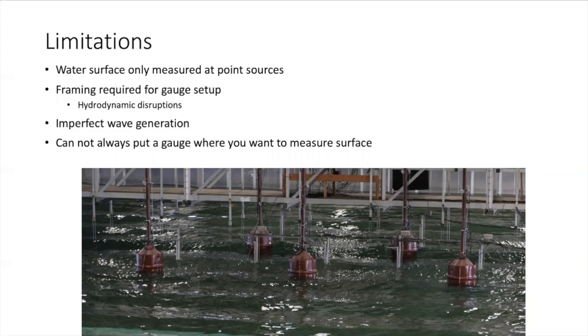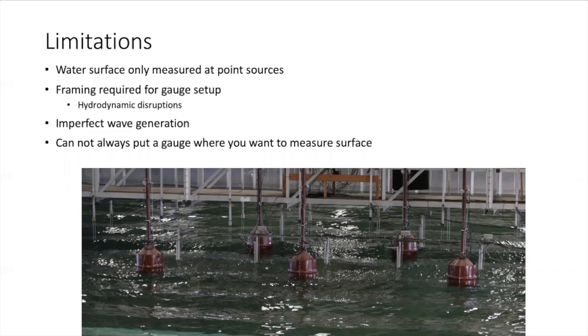To do this, people put out an array of these wave gauges as shown in the picture so that they can see at different points around the specimens, which are the brown devices in this picture, what's going on with the wave field and infer what is happening at the actual specimen.